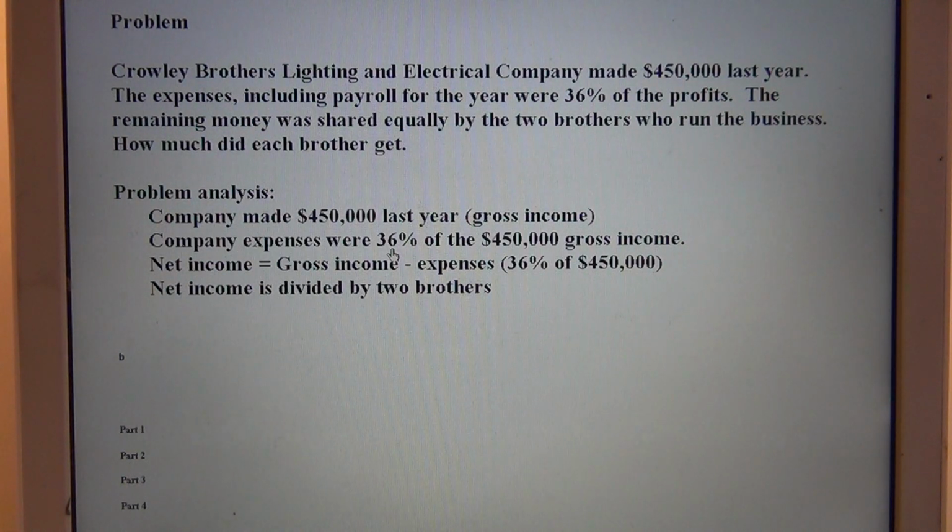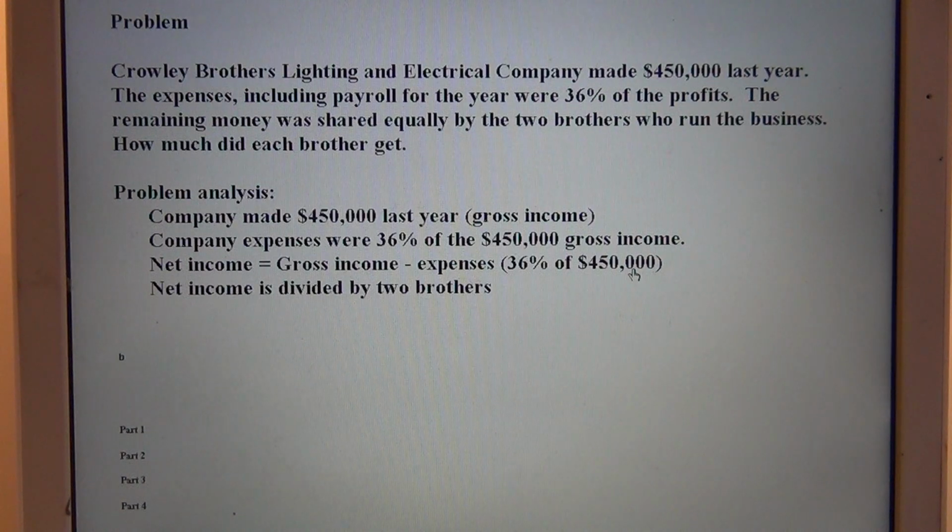So we want to figure out their net income, actually how much money they got. Well, their net income is equal to their gross income, which is $450,000, minus the expenses. The expenses are 36%, so we would take 36% of $450,000, and that would give us their expenses.